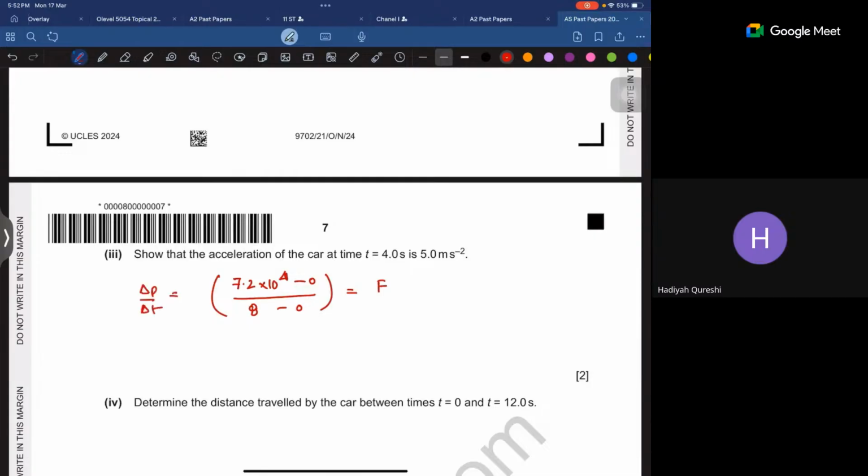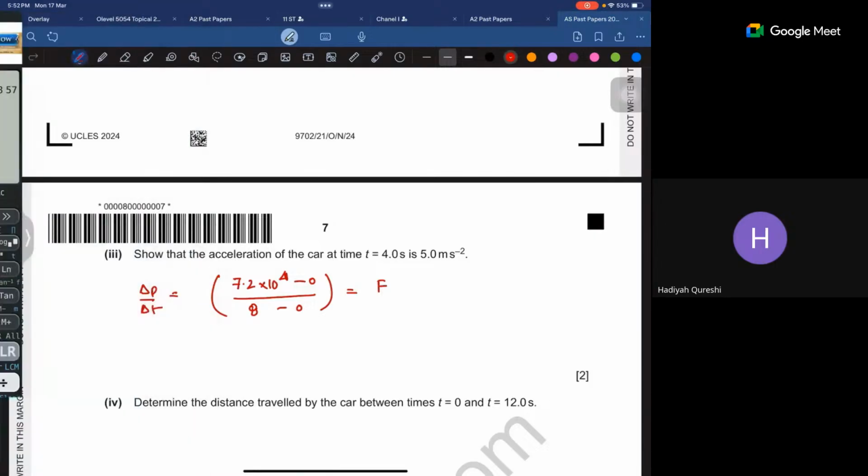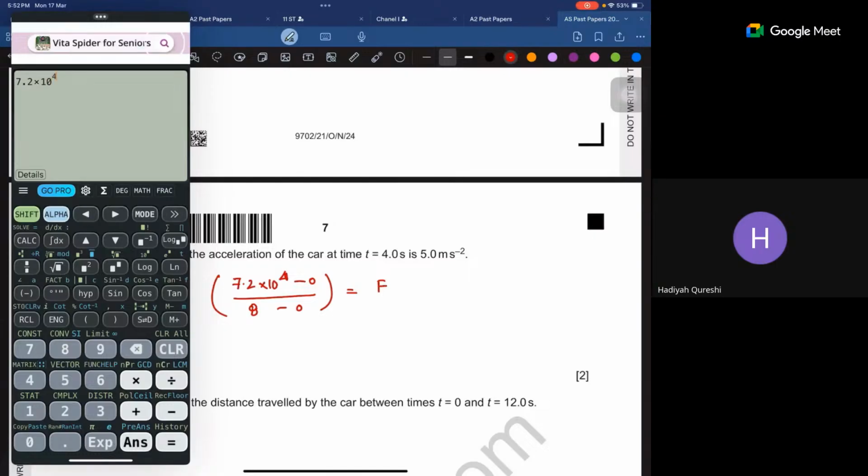So 7.2 times 10 raised to power 4 divided by 8 is 9,000, the resultant force, and it is equal to ma. So the acceleration will be 9,000 divided by 1800, which is 5.0 meters per second squared, as shown.